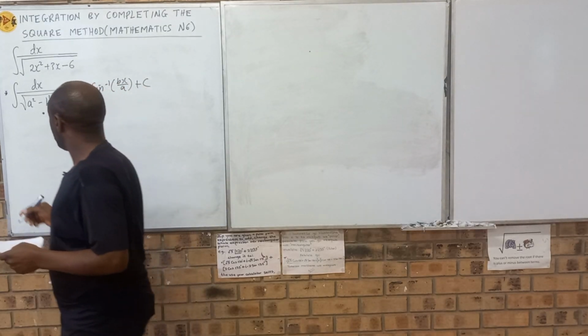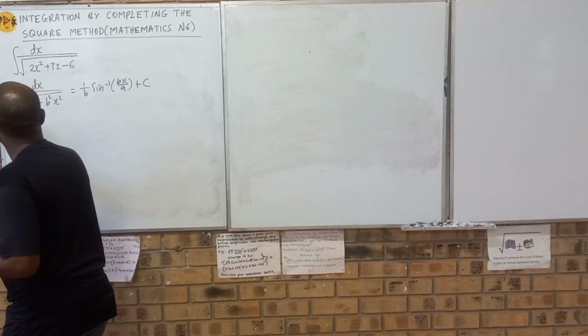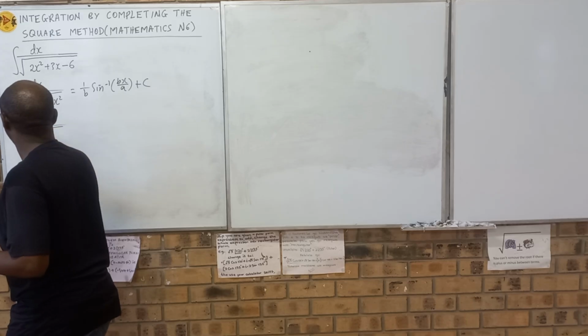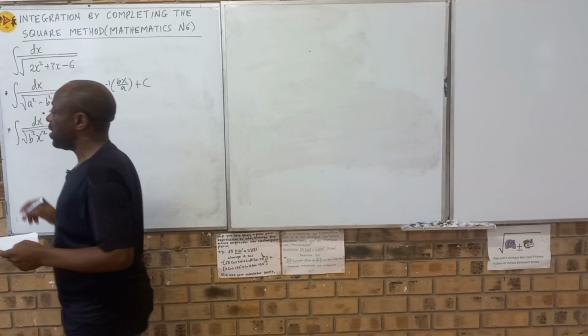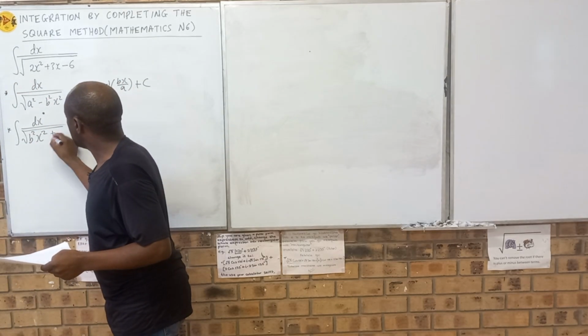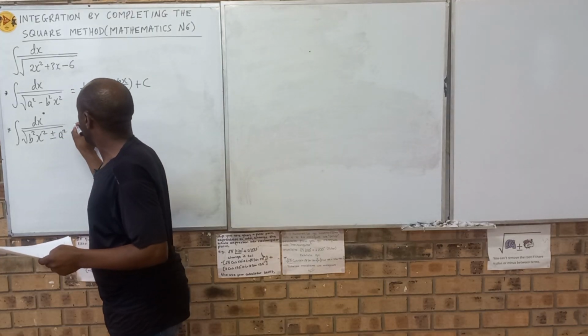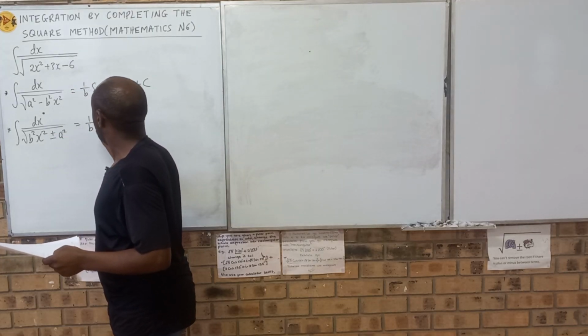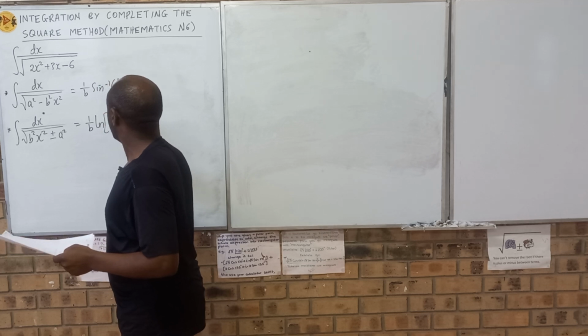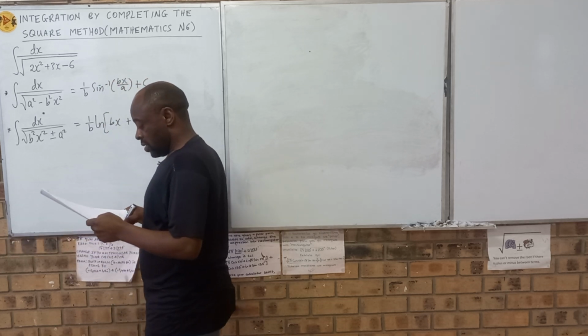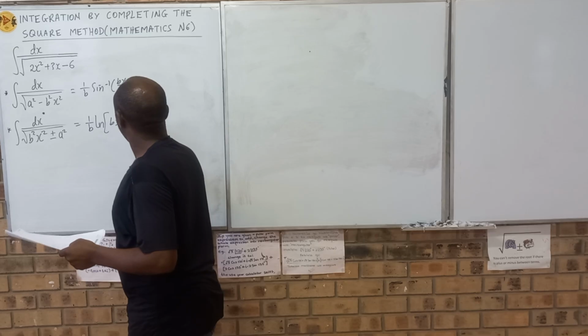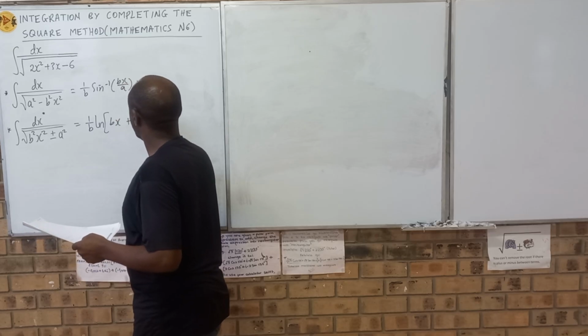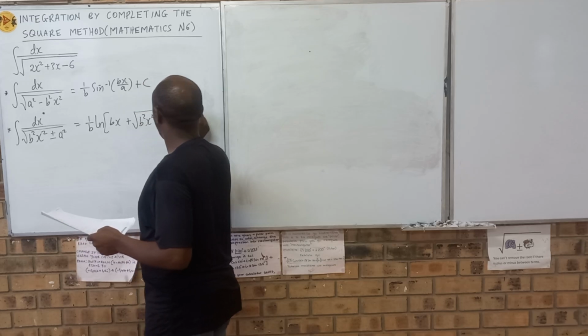Then the next possible formula is the integral of dx on the square root of b squared x squared plus negative a squared, equal to 1 over b, the ln of bx plus the square root of b squared x squared plus the negative a squared, plus c.